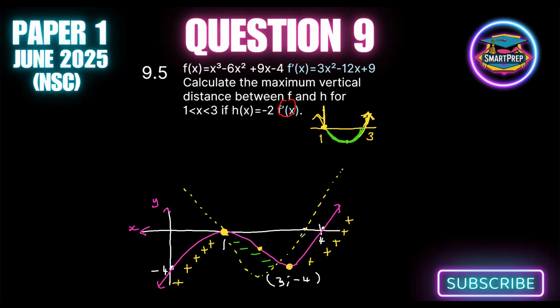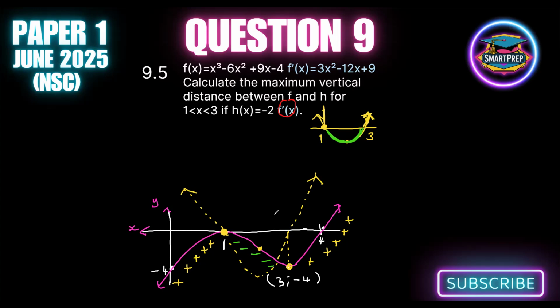Where it's going down, my parabola is positive. So let me just line this up nicely. So it stops being negative at this point 3, right? And that's there. So what I've done in the dotted line in yellow is I've just drawn this parabola. It's not a very neat one, but that's it there.